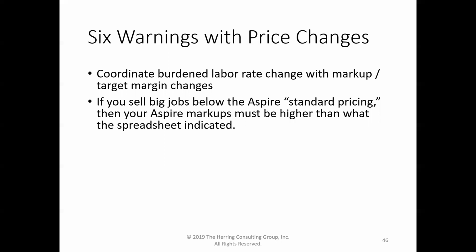Big jobs pull the average down, so you need the other jobs to pull the average back up where you need it to recover all your overhead and make the profit that you want. Very important there. There's a lot of math there, so I'll just give you fair warning on that, but it's very, very important.